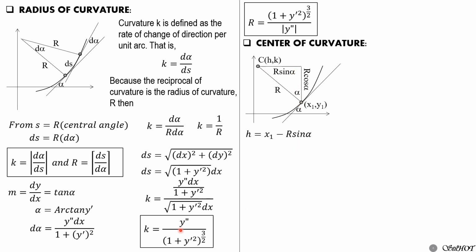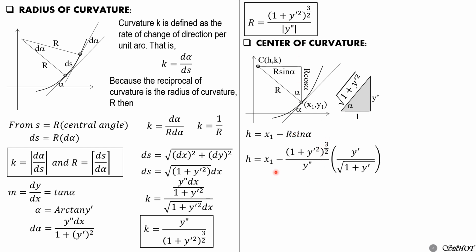Replacing sine alpha, let's form a right triangle first. Let's define tangent of alpha equals y prime, so y prime over 1. If that's alpha, this is y prime, this should be 1, and the hypotenuse should be the square root of 1 plus y prime square. So that means sine of alpha is y prime over the square root of 1 plus y prime square, and r is given by that expression.